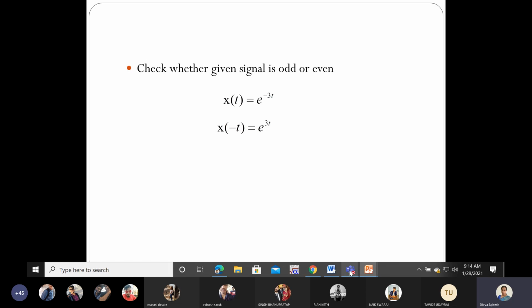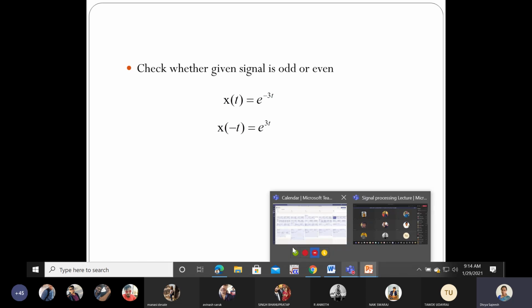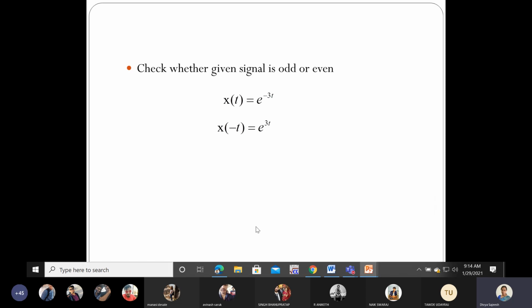Are you getting the same signal? Then only it will be an even signal. Is it an even signal? Can I come to a conclusion? No, it is not an even signal. x of minus t is not equal to x of t.